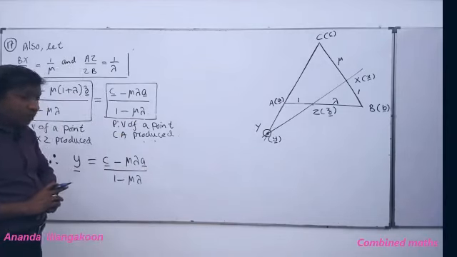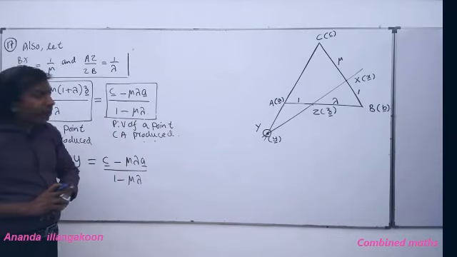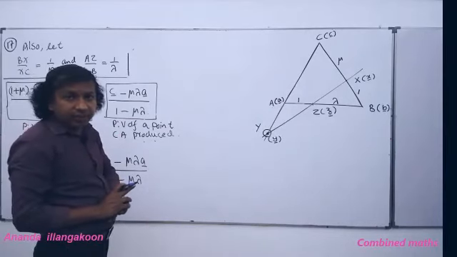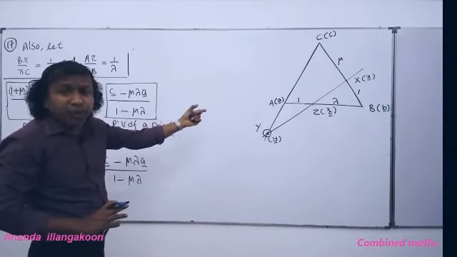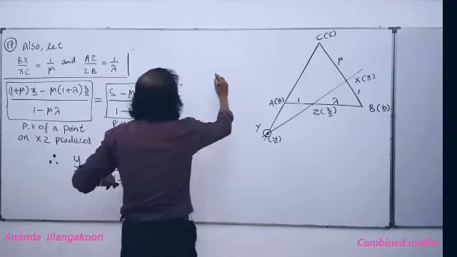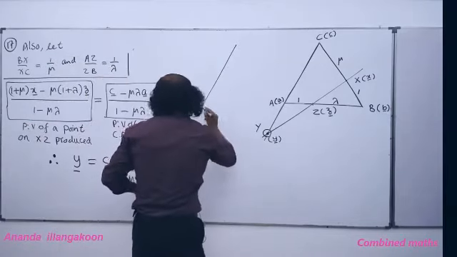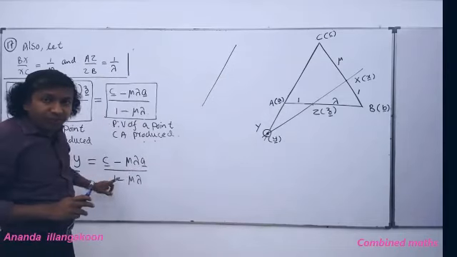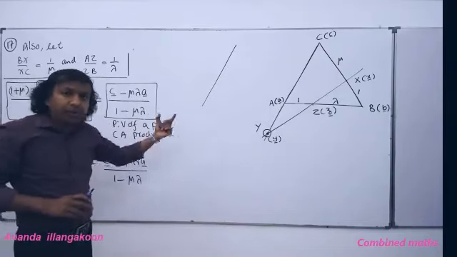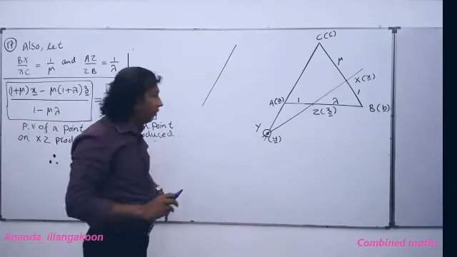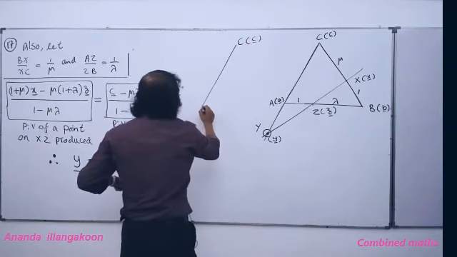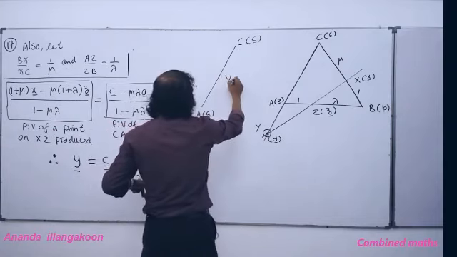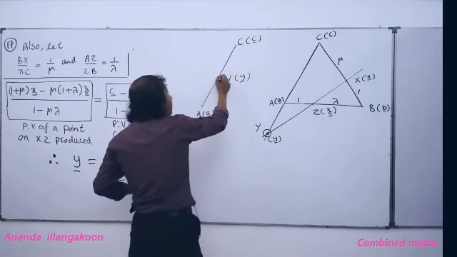Okay, I don't mind wherever this Y lies on the line CA. Really, we know this Y lies on the line CA produced, but I draw the diagram in a different way. People, you know this minus sign is coming because Y is not in between C and A, but I draw it so that Y is in between C and A. Don't worry, right? See here, position vector is C, and here, position vector is A. I take somewhere here Y. My diagram is really wrong, but never mind.